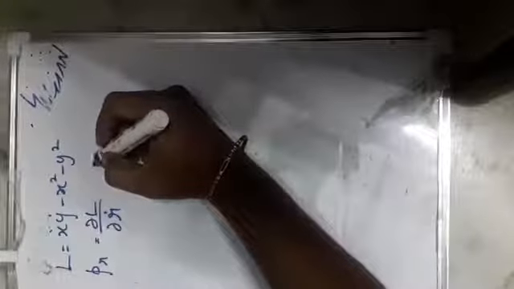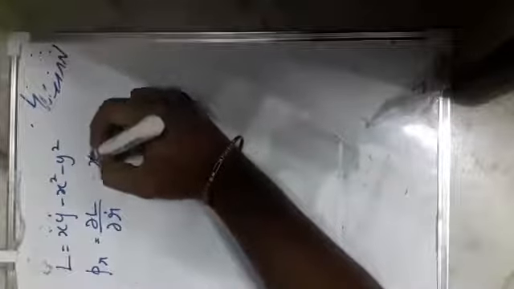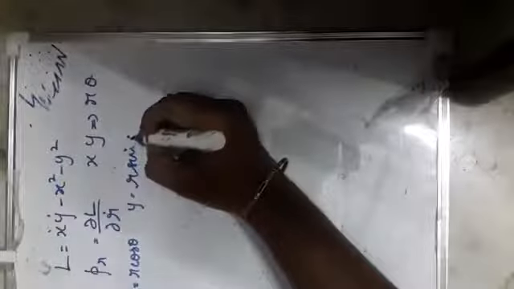In polar coordinates it is asked, so x, y should be converted into r, theta. So x equal to r cos theta, y equal to r sin theta.